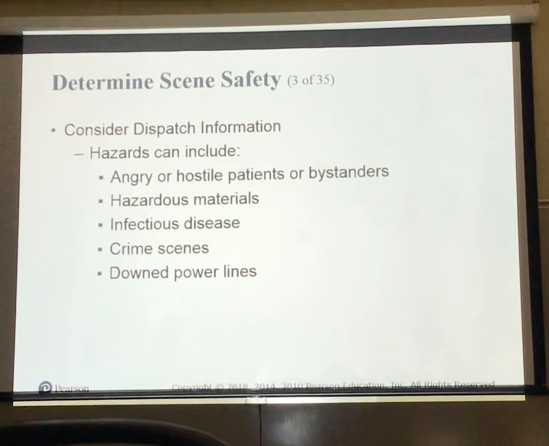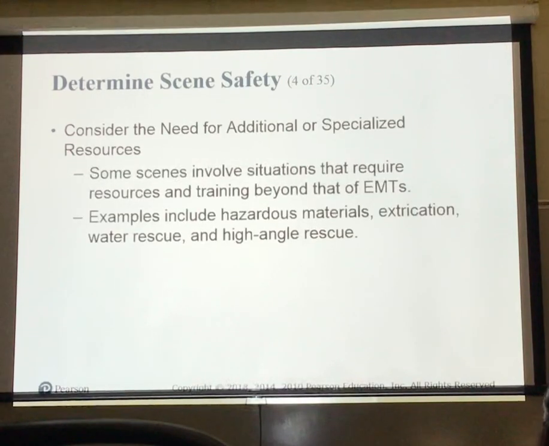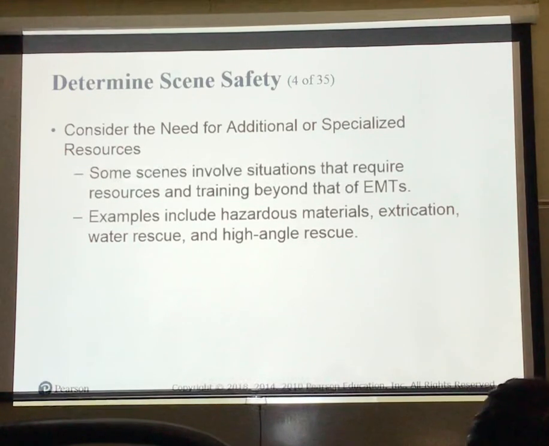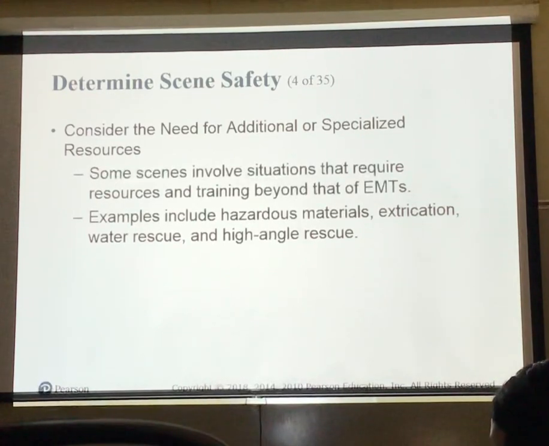Alright, hazards can include angry or hostile patients or bystanders, hazardous material, infectious disease, crime scenes, down power lines. At any time during the scene size-up it may be necessary to recognize your own limitations and call for additional resources or specially trained personnel for situations or rescues that are beyond your training.